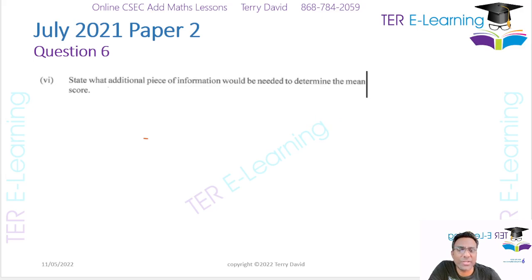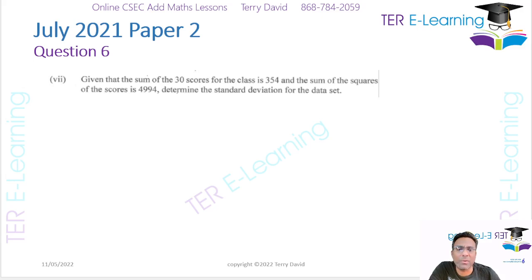State what additional information would be needed to determine the mean score. The additional information we require here is the individual scores. And the last part now, they told us that the sum of the 30 scores in the class is, so therefore, sigma x is equal to 354.